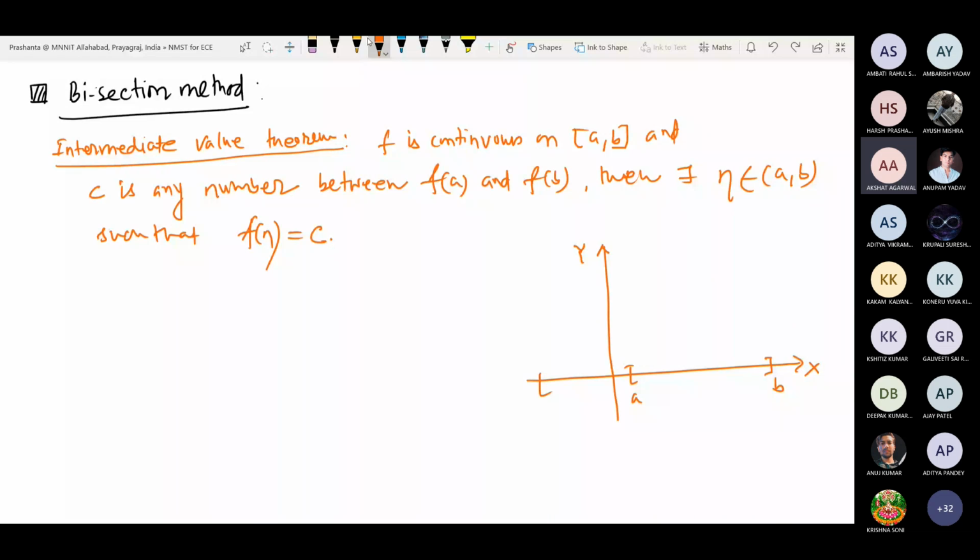So this is the interval a comma b. Here I am considering this particular function between a and b. So this is f of b, this is f of a. What is this height?